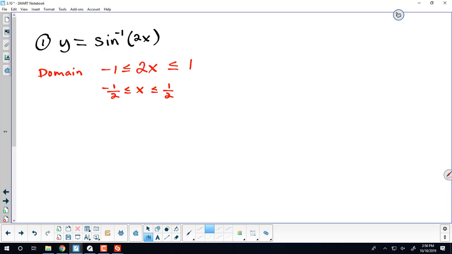So the domain of this function is all values between -1/2 and +1/2. There are no other inputs for values outside of that interval for the inverse sine of 2x.